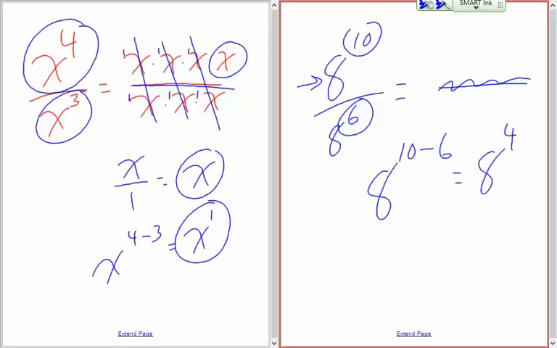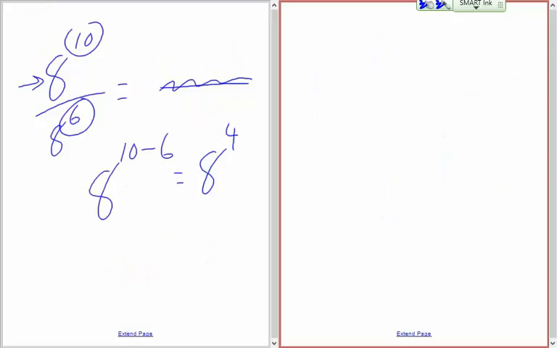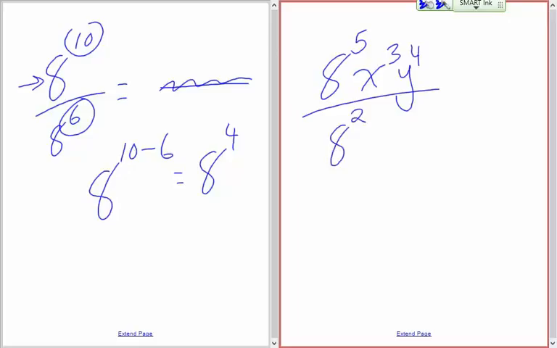Let's do another example. Now, sometimes we'll have more than just one thing. Let's say we kind of combine these. Let's say I had 8 to the 5th, x to the 3rd, y to the 4th, over 8 squared, y squared.